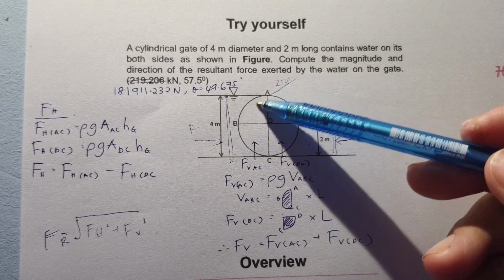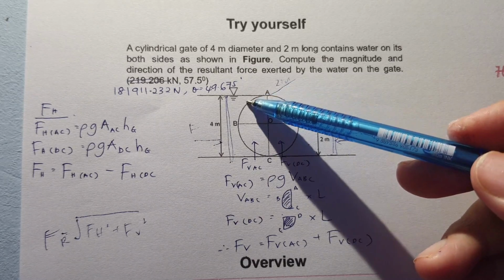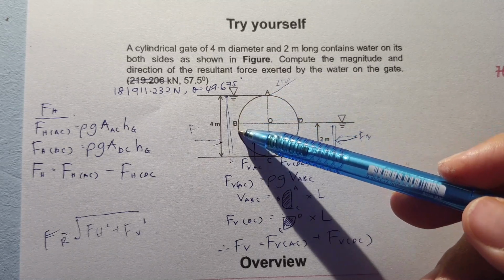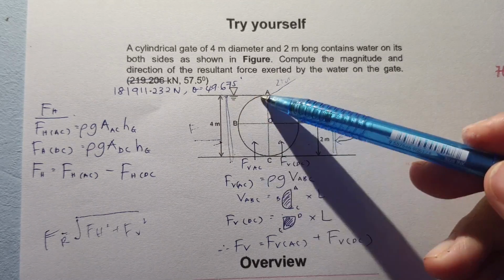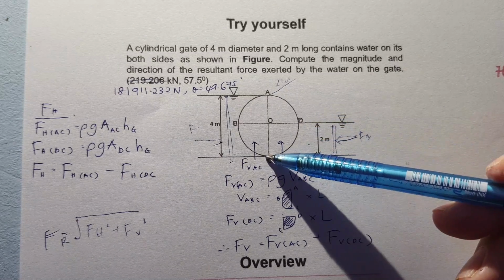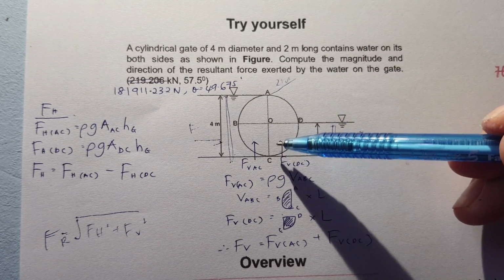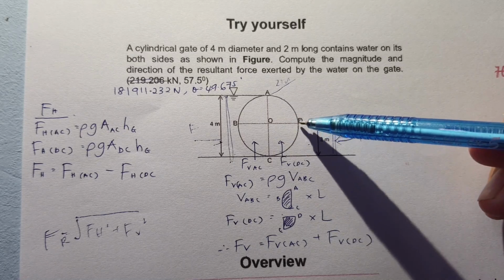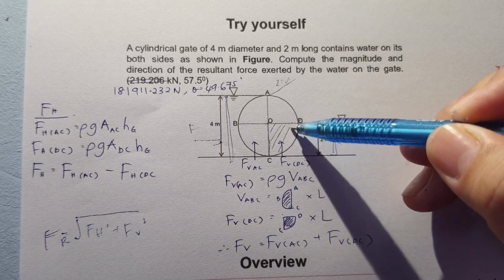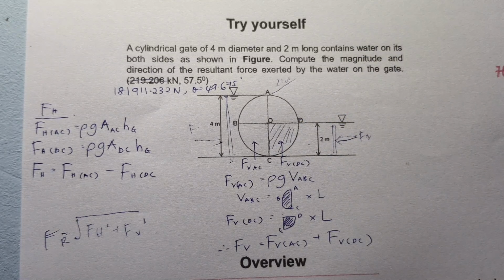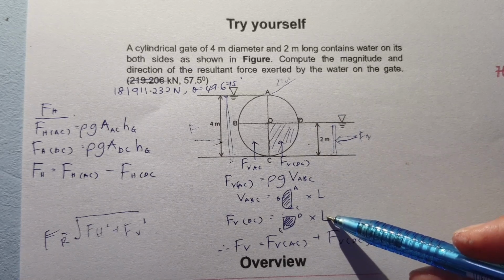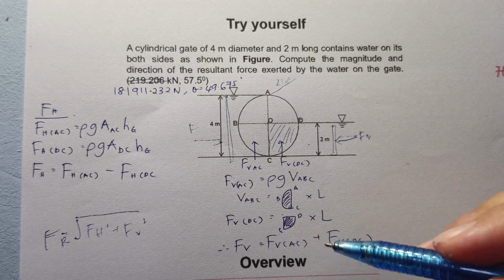At the end we can say that the volume displaced by semi ABC is equal to the volume of half circle. For curve DC, because the water is up here, this is the volume displaced by curve DC. To calculate the volume, area times L, we get the volume.